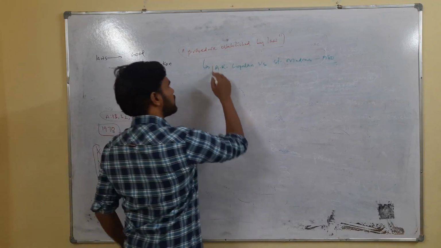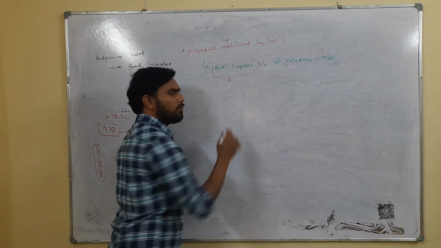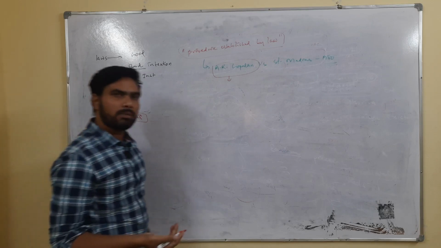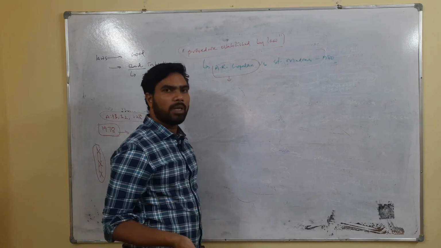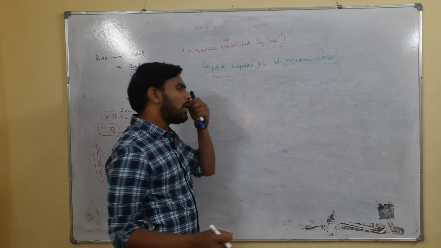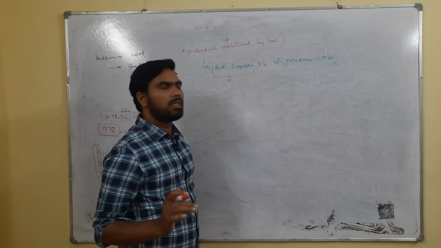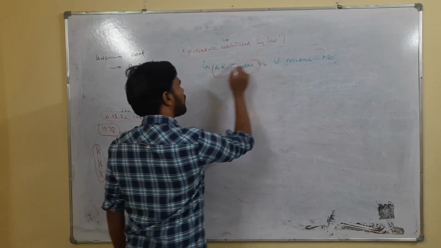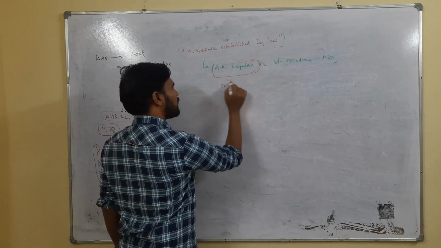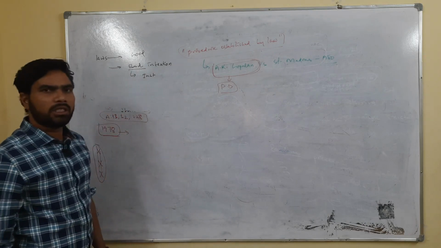He was arrested. At that time, the party in power was the Congress party. Jawaharlal Nehru was the prime minister, and in almost all the states, Congress-led governments were there. So this A.K. Gopalan, a communist leader, was arrested under PD laws, preventive detention. He was under preventive detention.